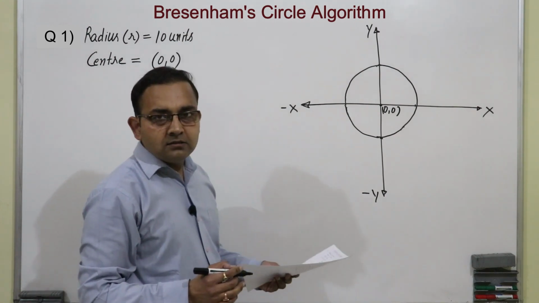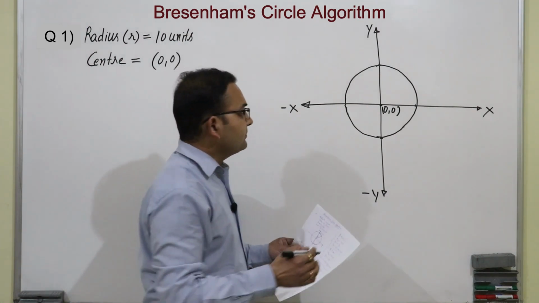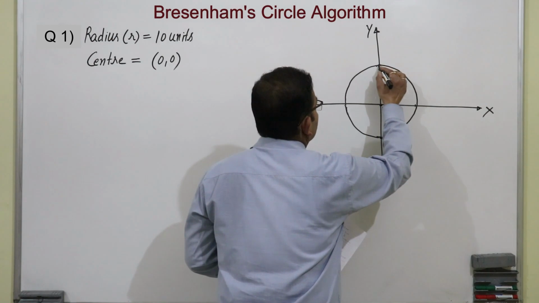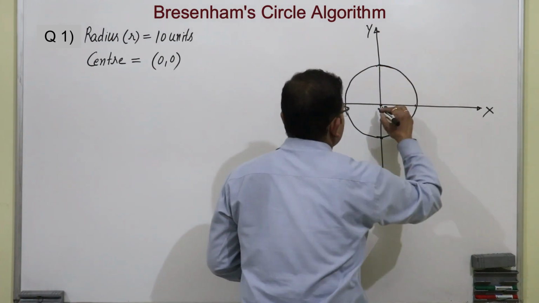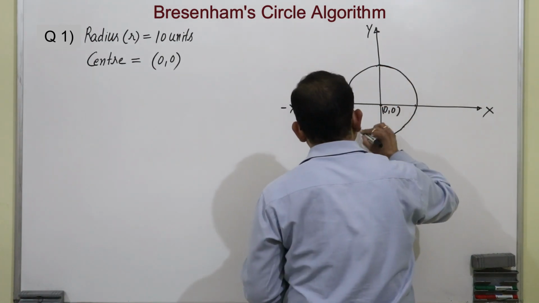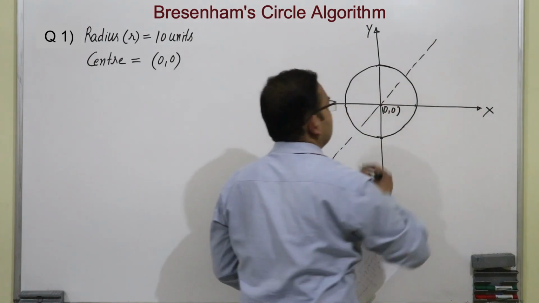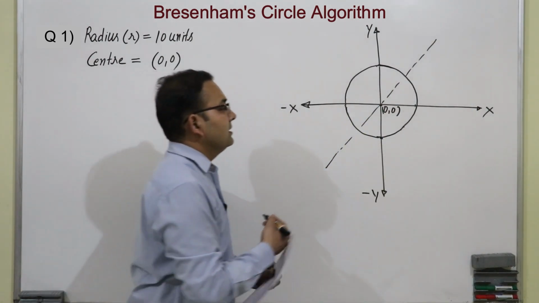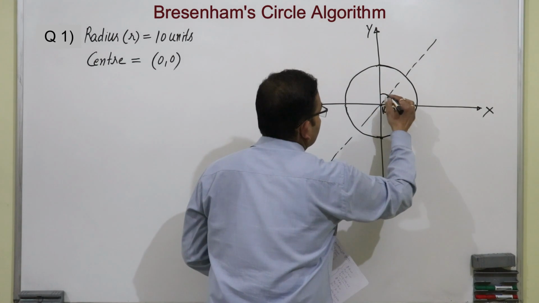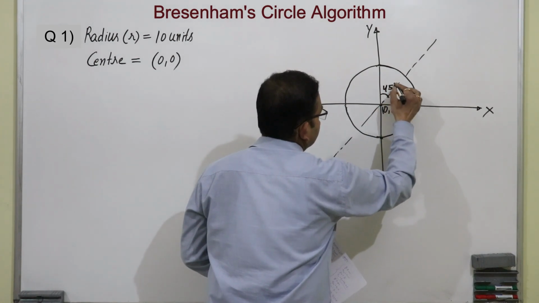So, in this figure we will write the algorithm for this portion. Suppose there is a line, and it is making an angle of 45 degrees.